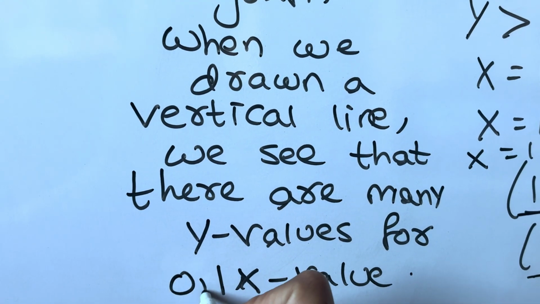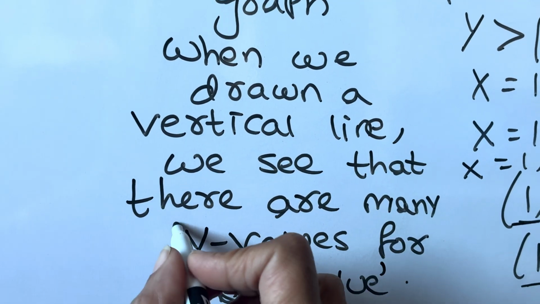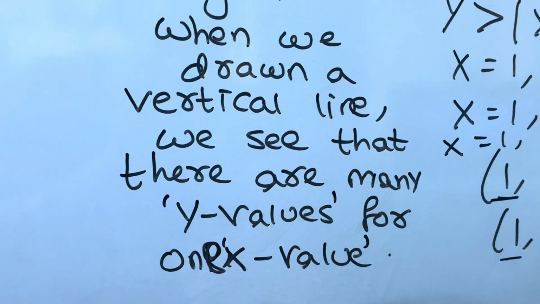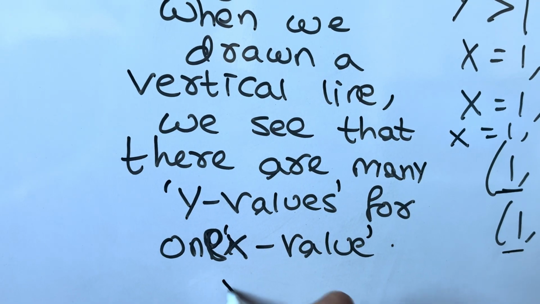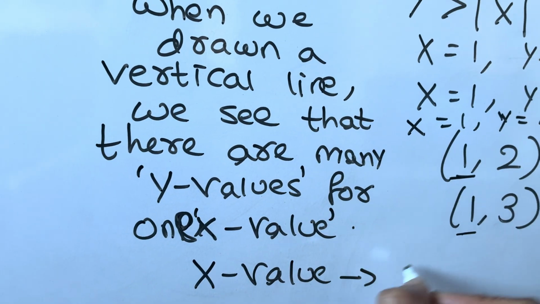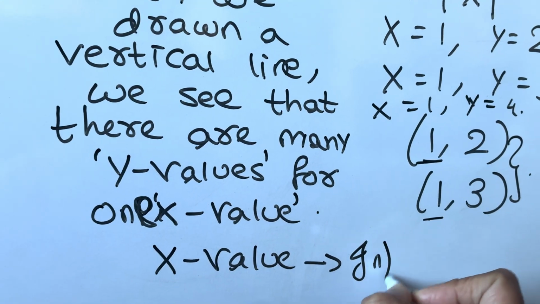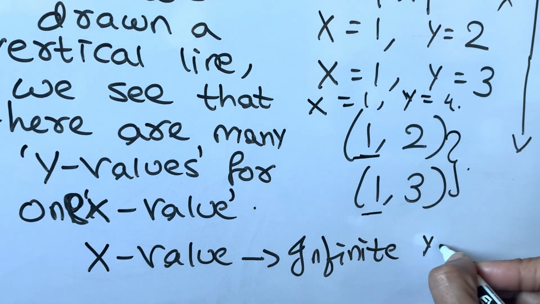So to avoid confusion, let me write it down as 1, and x value within the brackets. So for one x value we have infinite y values.